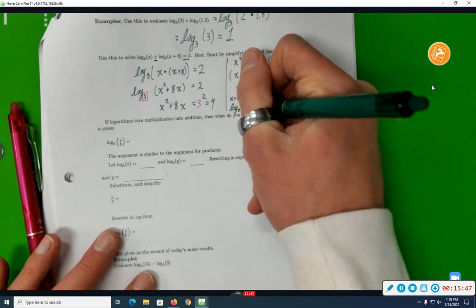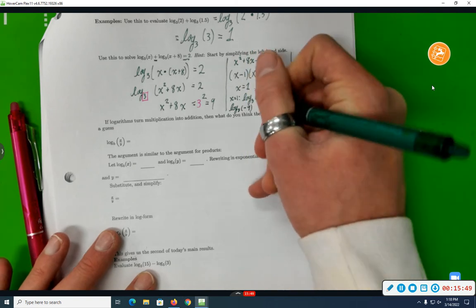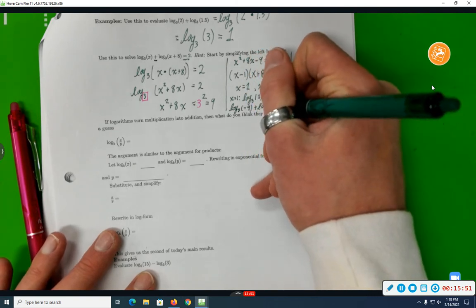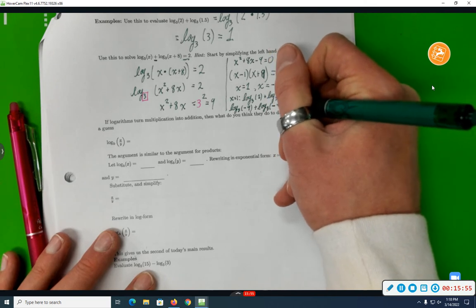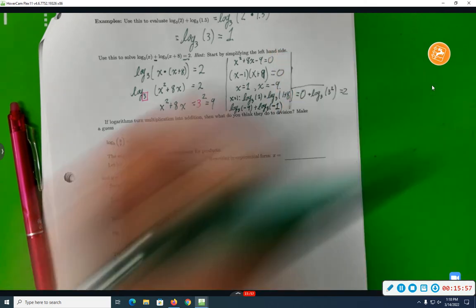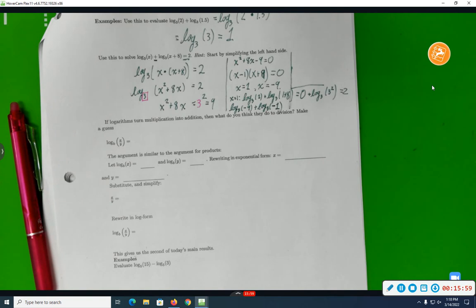Log base 3 of -9 plus log base 3 of, well, that. Is anything wrong with that? Yeah, there are negative numbers inside of the log. That is not allowed.